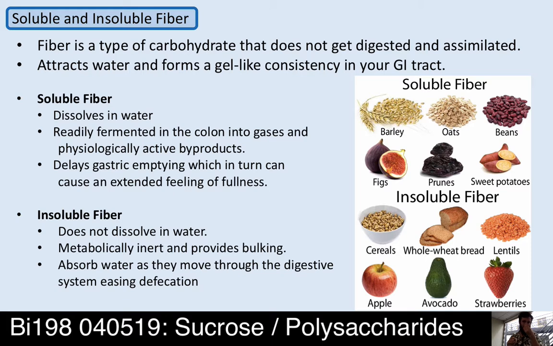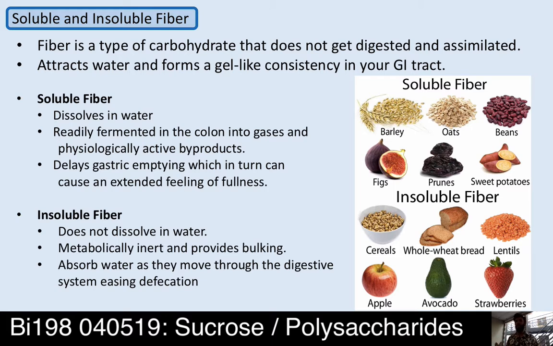So here are just some examples of places you can get soluble and insoluble fiber: barley, oats, beans, sweet potatoes, prunes, figs. Actually, my favorite source of soluble fiber is flax seeds. I put flax seeds over, and you know what? Damn it, I should have brought some to school today. Check that out. But anyways, I've talked about those.